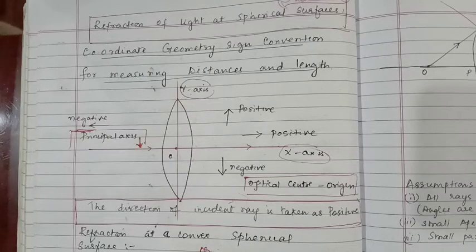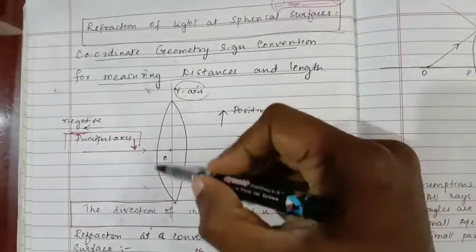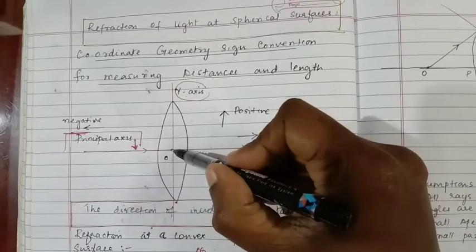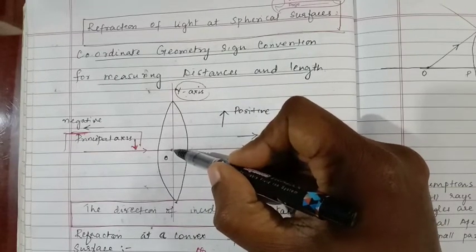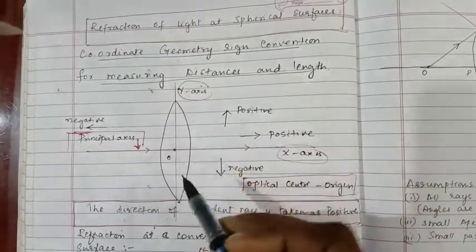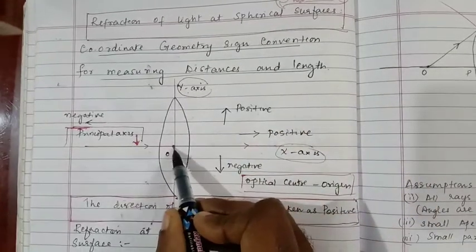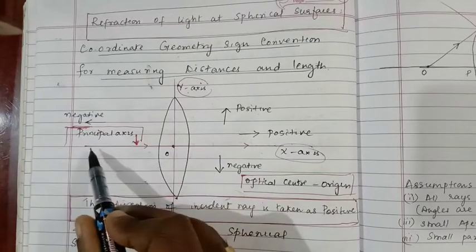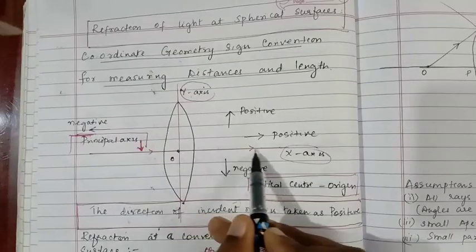Just look at this diagram. I have taken a convex lens. So this is the optical center. In this sign convention, the optical center of the lens is taken as the origin, and this is the principal axis.